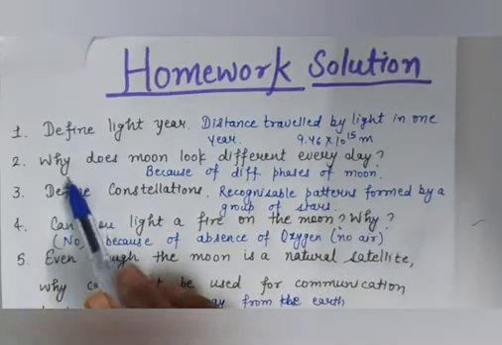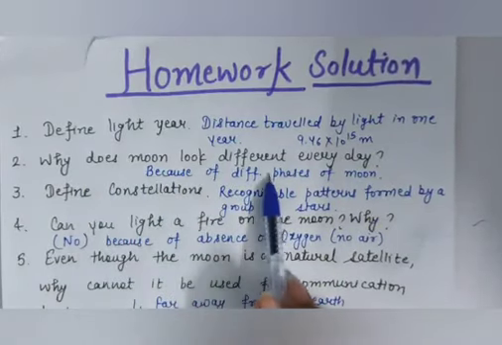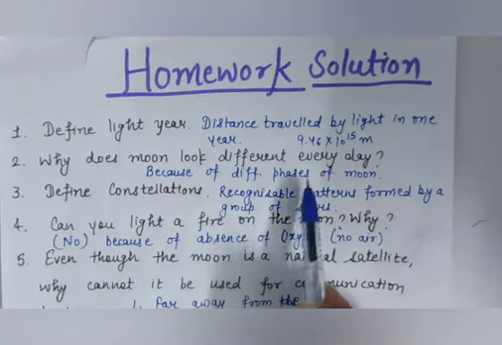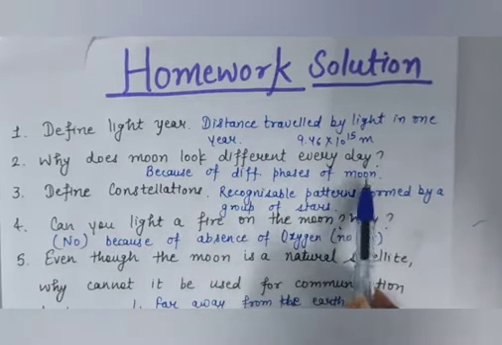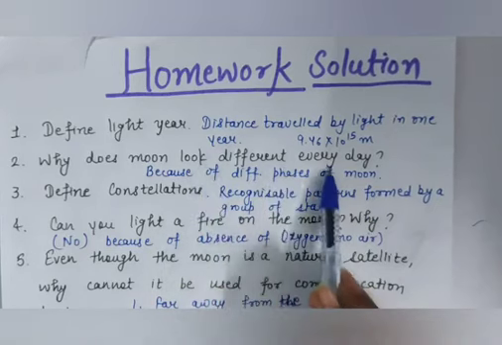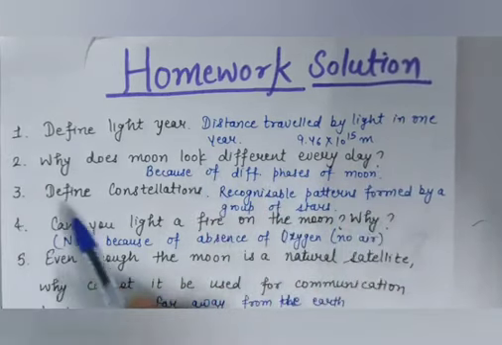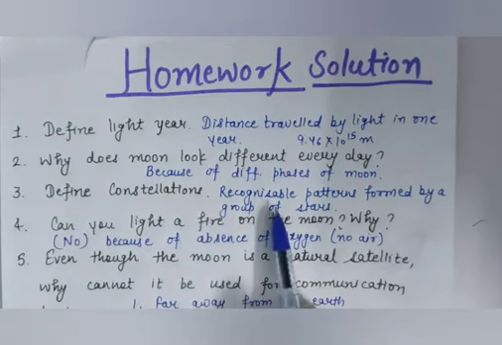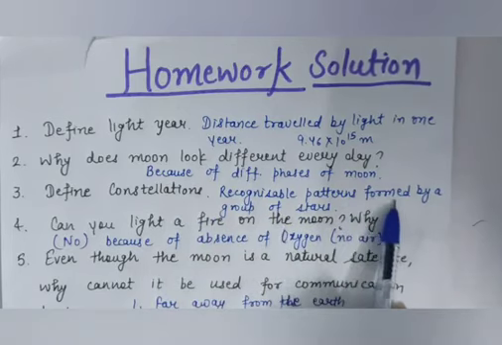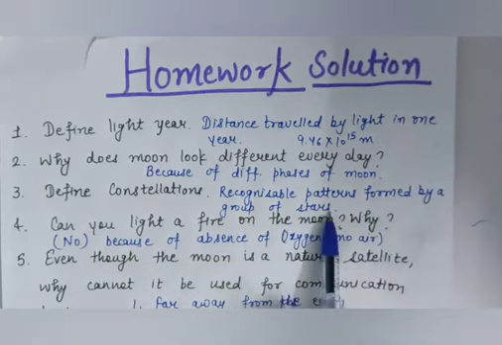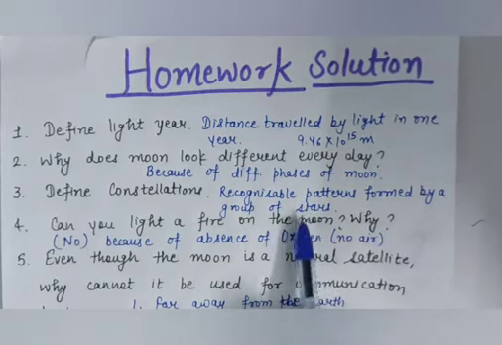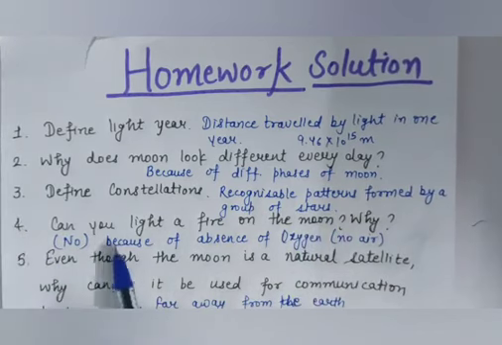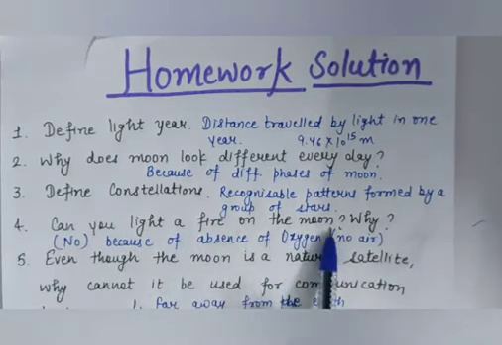Second question, why does the moon look different every day? Because of different phases of the moon, it looks different every day. Third question, define constellations. Constellations are the recognizable patterns formed by a group of stars like Ursa Major, Ursa Minor, Cassiopeia, etc. Question number 4, can you light a fire on the moon?